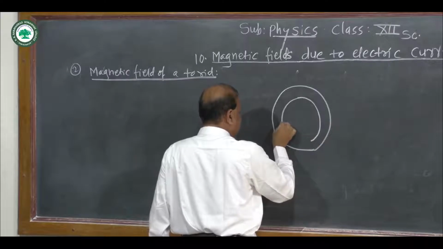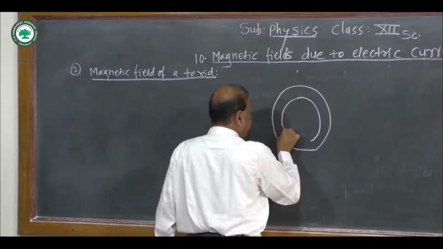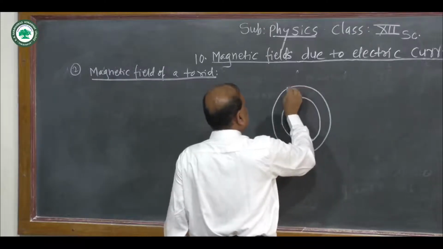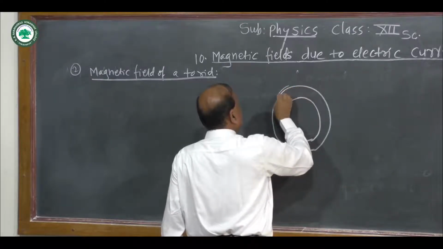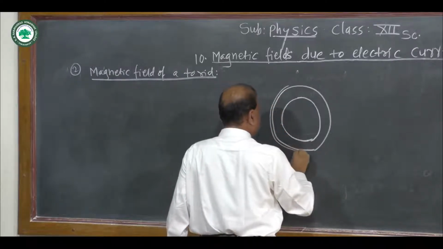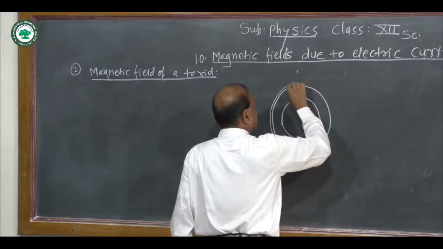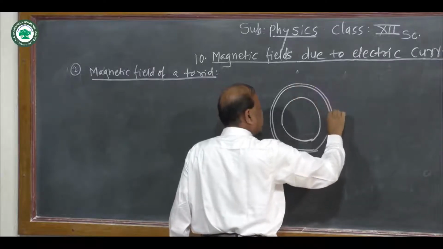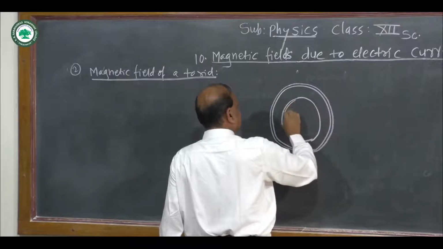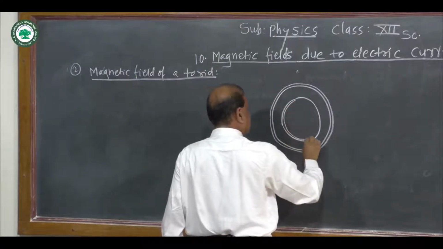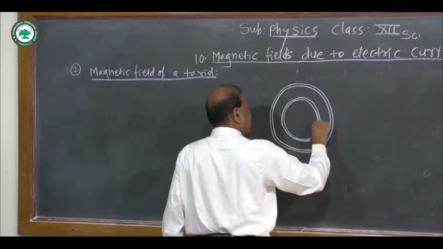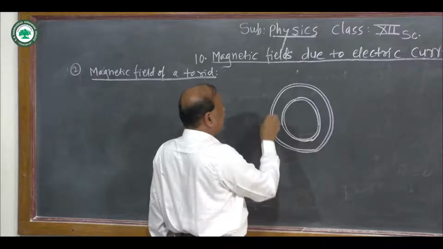Here the horizontal section of that solenoid is bent into a circular path, and the section of that toroid will be like this one.